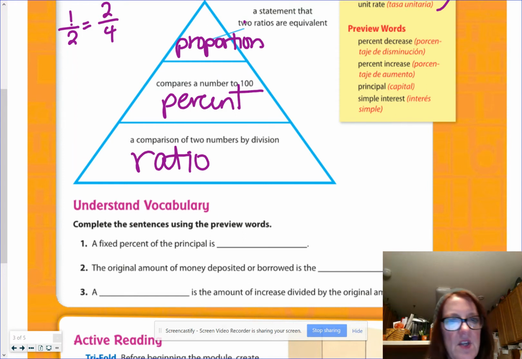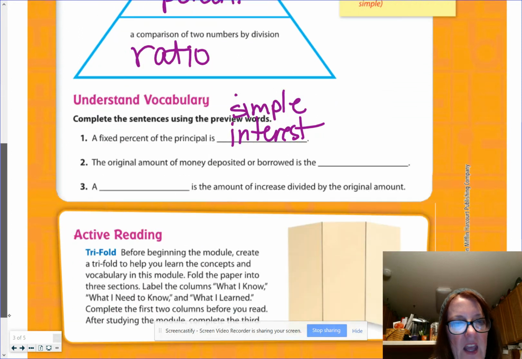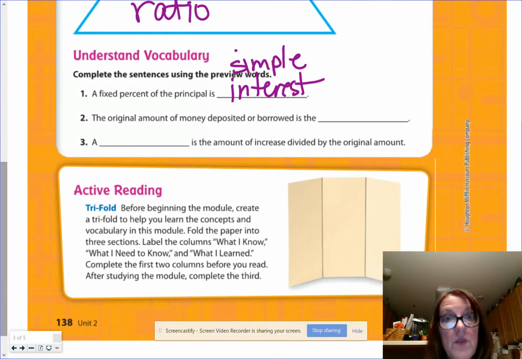A fixed percent. Well, when we take a percentage times the principal and some time, this is what simple interest is. So I should make sure I use the word simple. I just write so big I can't make it fit, all of it, all right? The next one, when it says the original amount of money that gets deposited or borrowed, this is called the principal.